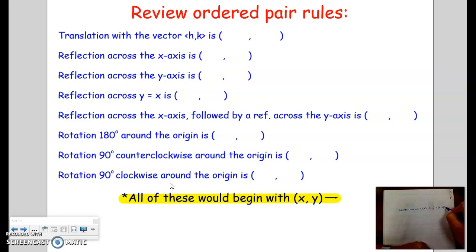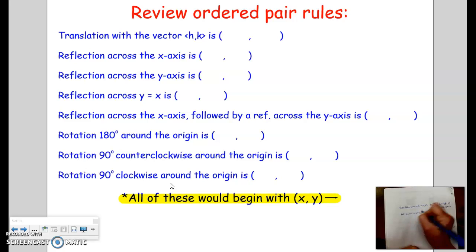And then my y value, adding my k to it. So that is the ordered pair rule for the translation with the vector (h, k). I'll write it better underneath: (x + h, y + k). So you take your original x and do the horizontal change to that, and your original y and do the vertical change to that.